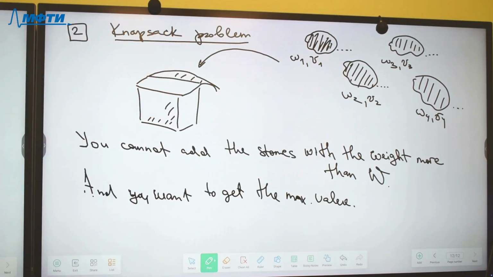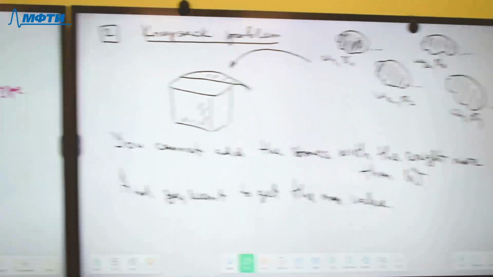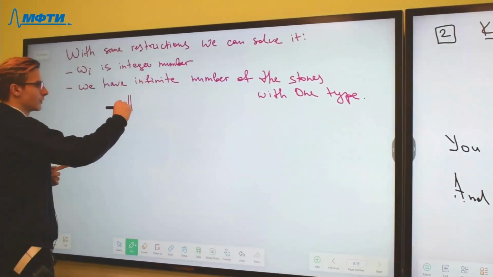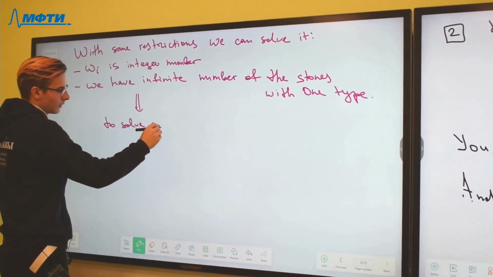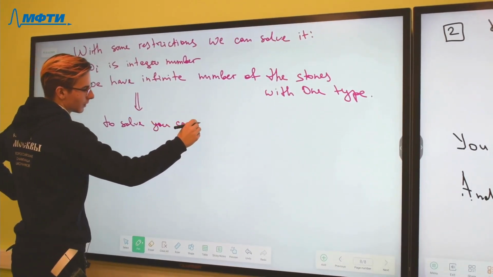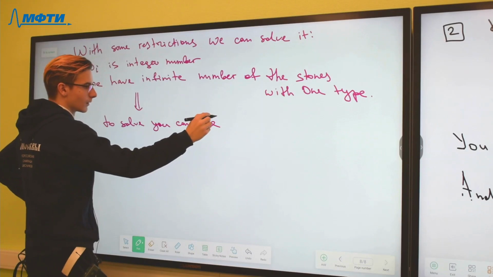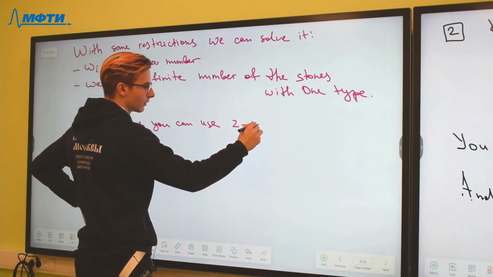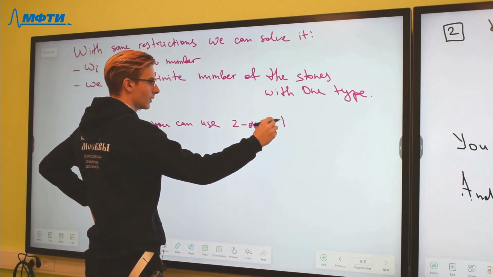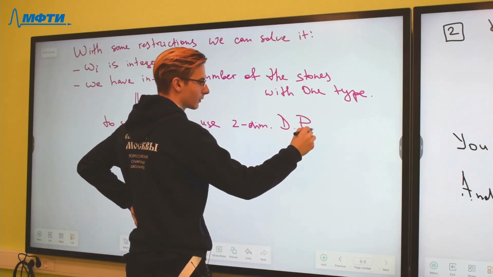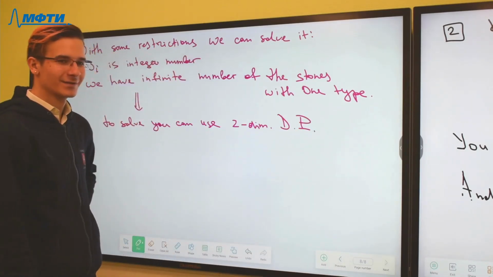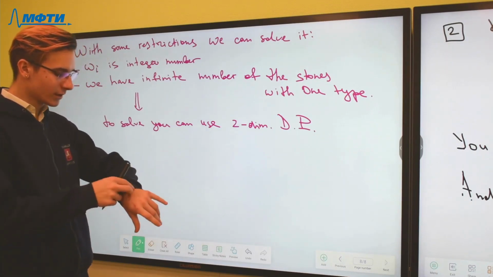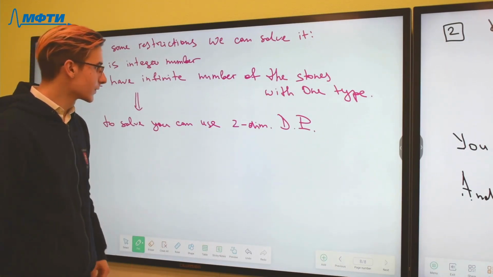So to solve it, you can use two-dimensional linear programming. And you think about it at home, I think, because now we have no time to solve it.